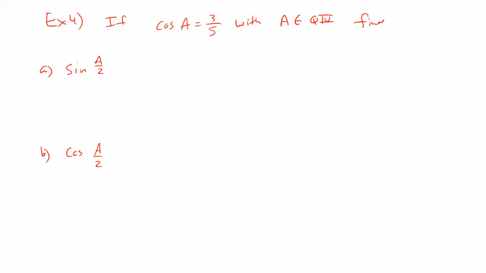Okay, so now this is the case. We start off with just a ratio. We don't know what the angle is. We just know the ratio for cosine, and when I measure it is 3 over 5. And then I also know that angle A, not half of A, but just angle A, is in quadrant 4.